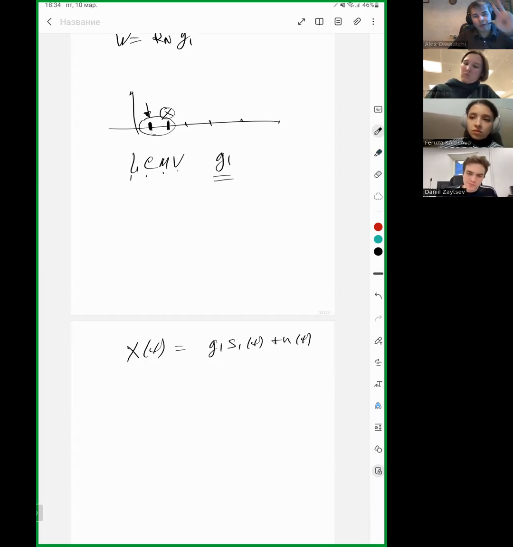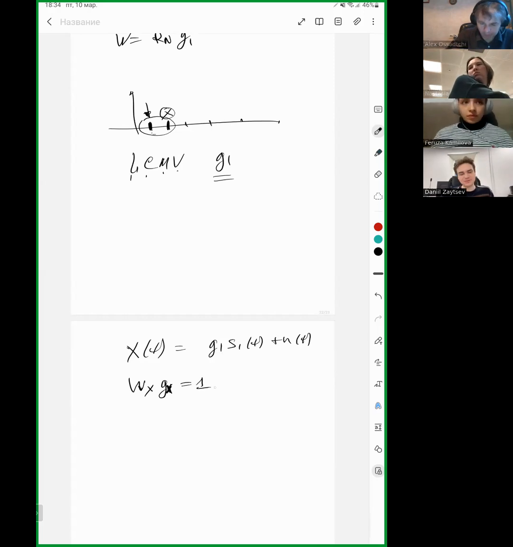So we will create three beamformers, three vectors. One vector, Wx, will be sensitive only to the source located at location 1, but oriented along axis x.